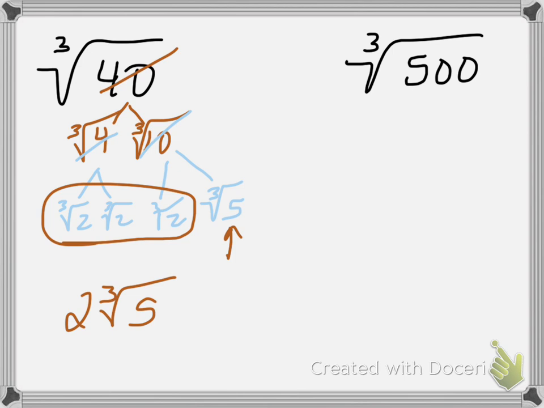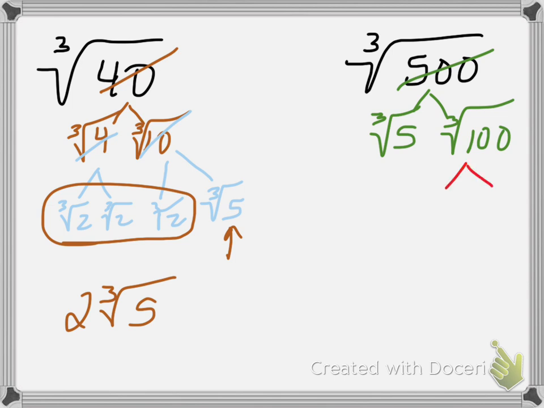This 500, I'm going to notice that it goes into a cube root of 5 times a cube root of 100. 500 now gone. The way you do these is you just work out what you notice. Now, I noticed that the 100 is a cube root of 10 times a cube root of 10.